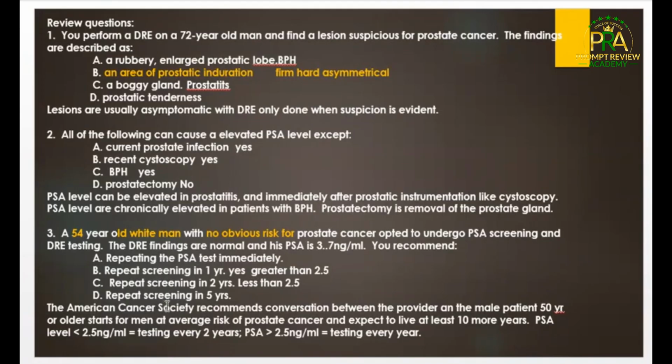The American Cancer Society recommends a conversation between the provider and the male patient, 50 years and older to start for men at the average risk of prostate cancer, and expect to live at least 10 years more.